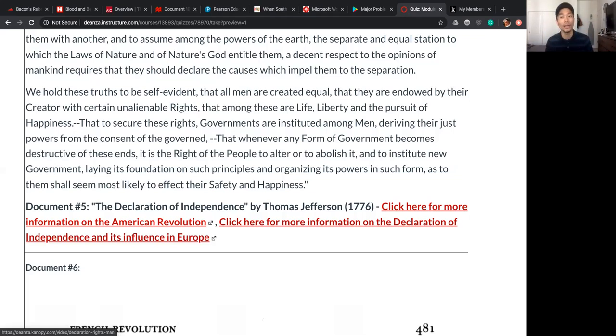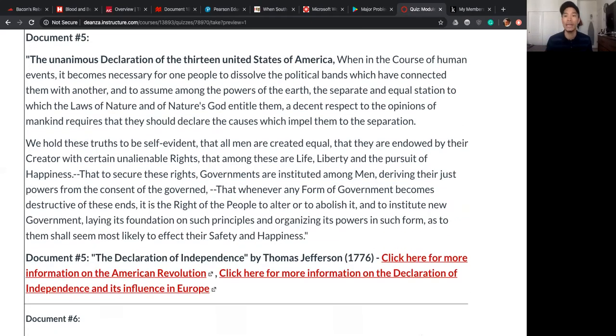But we also want to complicate things, guys, because we don't want to just say that it was all the Enlightenment that caused these revolutions. No, it's a mixed bag of everything. And this is where things get really complicated, because the Enlightenment is ideas.